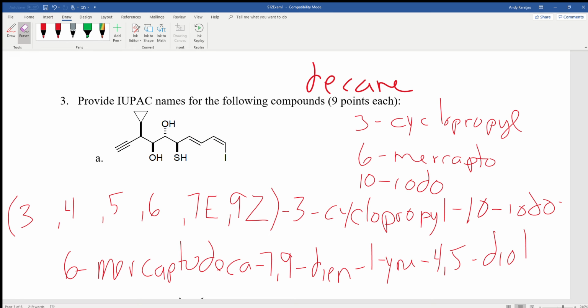Now, looking at our stereocenters, if we start at carbon 6, the thiol, the sulfur, is higher priority, and then the carbon with the oxygen is higher priority than the carbon bonded to carbons. Our arrow here goes clockwise, and so that's R.